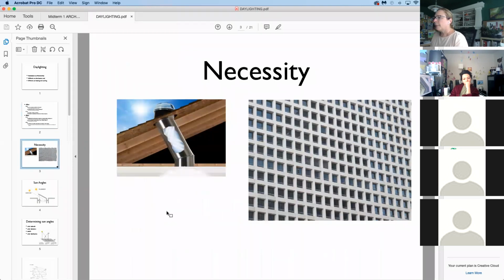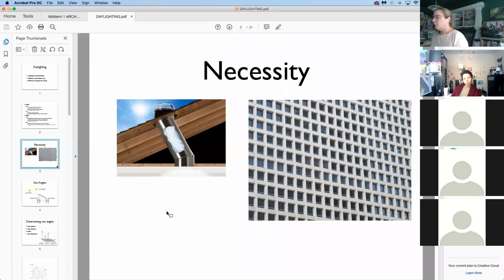So, illumination as necessity. There are so many different ways to bring daylight into a space, and they're subjective. You can't necessarily say one is definitively better than another.